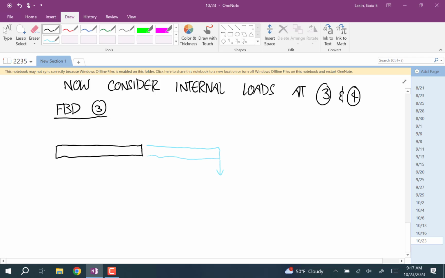But we are going far enough that our free body now includes this 1,000. Okay? We still have the 500. We still have the internal loads, P, V, and M.